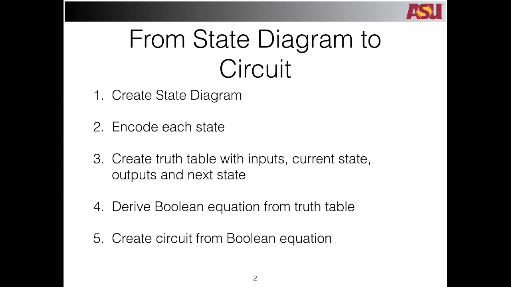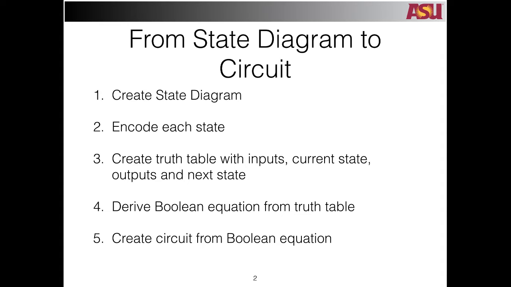You also have to use the current state that the finite state machine is in as an input. However, the difference of the current state, and that's the reason why I'm explicitly talking about it, is that the current state is generated by the FSM itself. So you don't have to have an actual input to that circuit. You just need the standard inputs that you have for that subcircuit.